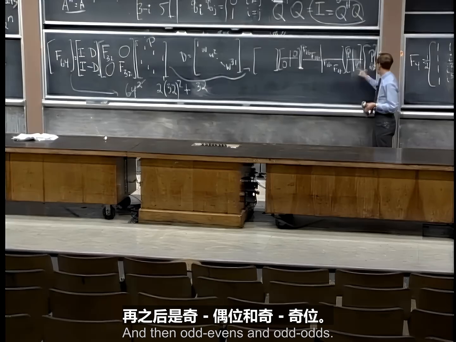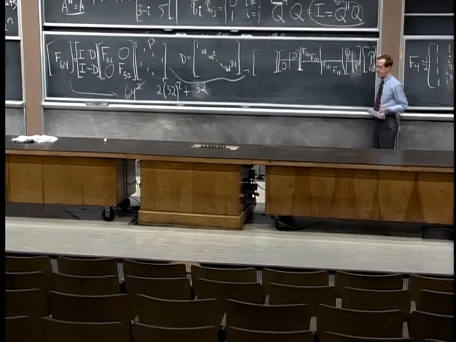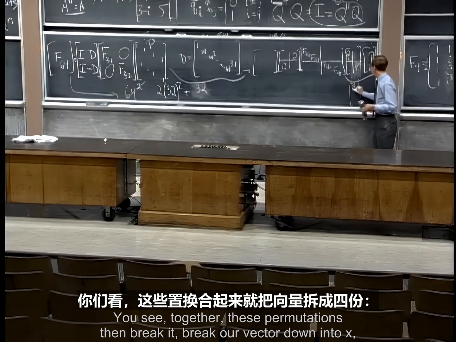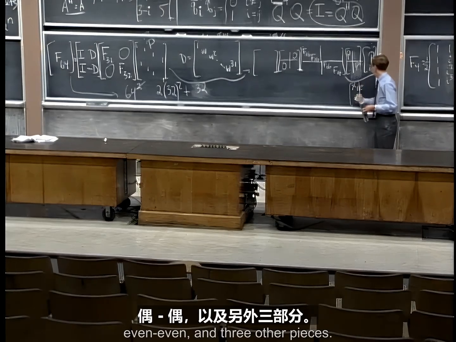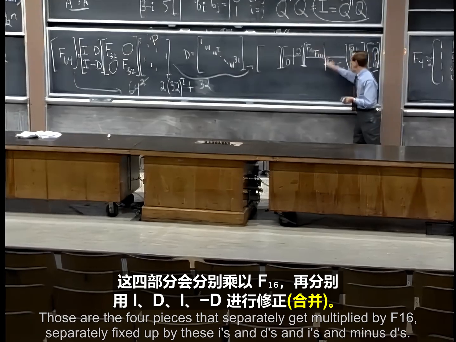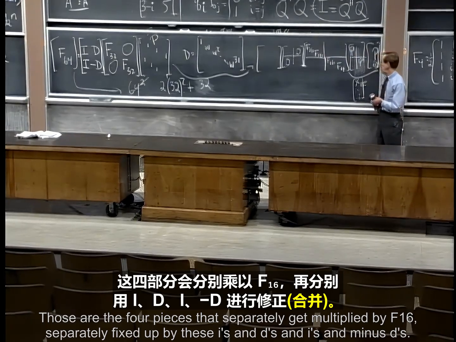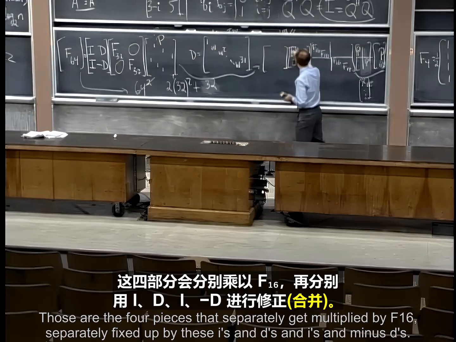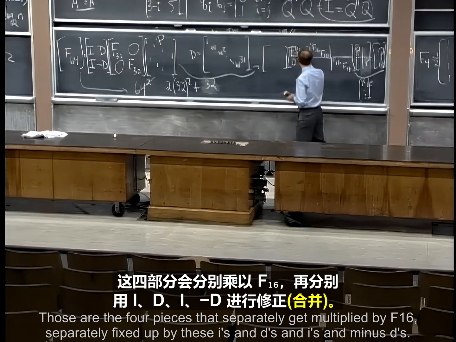And then odd evens and odd odds. You see, together these permutations break our vector down into x even and 3 other pieces. Those are the 4 pieces that separately get multiplied by F16, separately fixed up by these I's and D's and I's and minus D's.